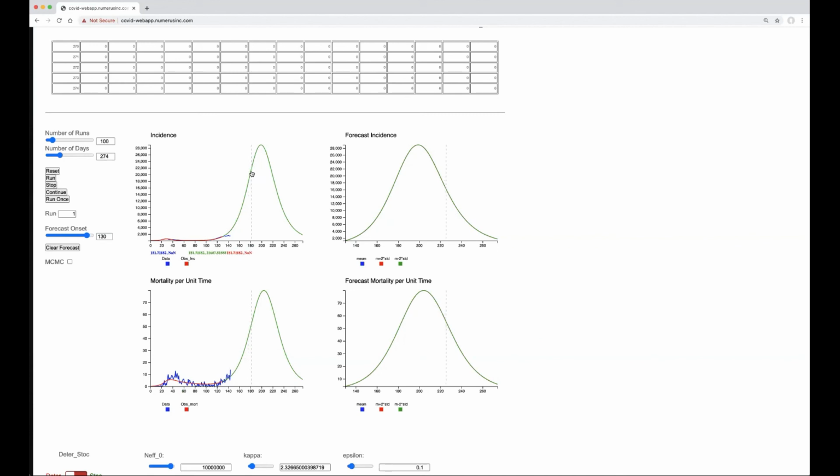As it approaches herd immunity levels, the outbreak starts to slow down, and finally the outbreak runs out of steam because there are no more, or there are very few individuals to infect. Most individuals now have gone into the immune class.